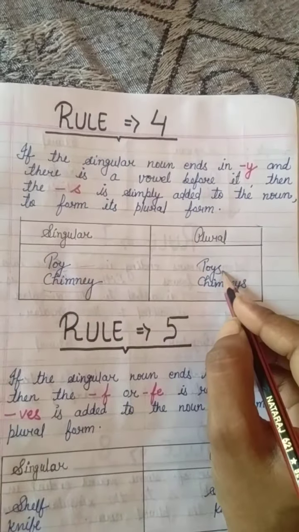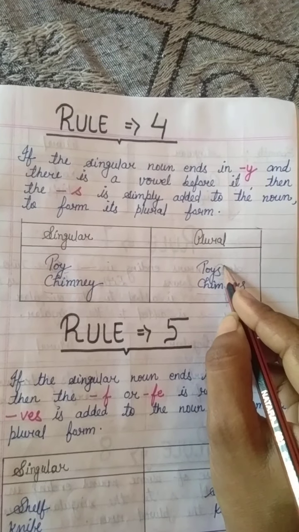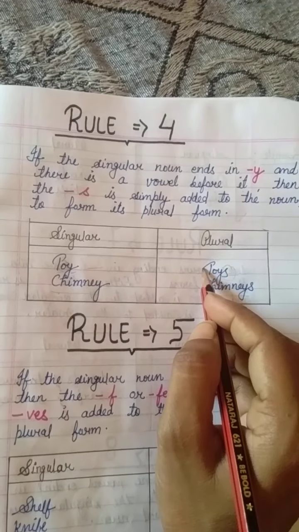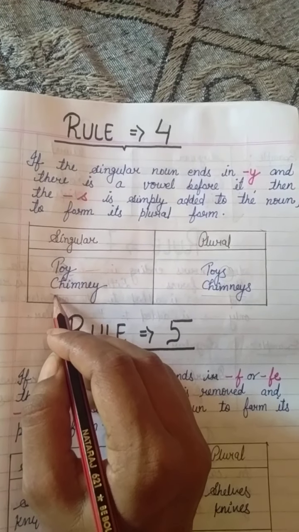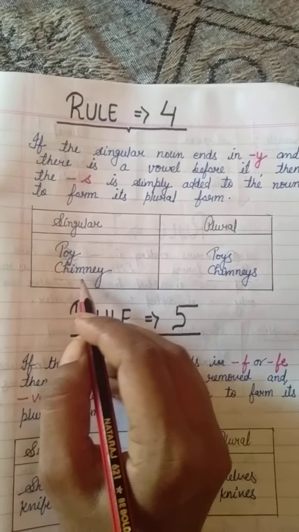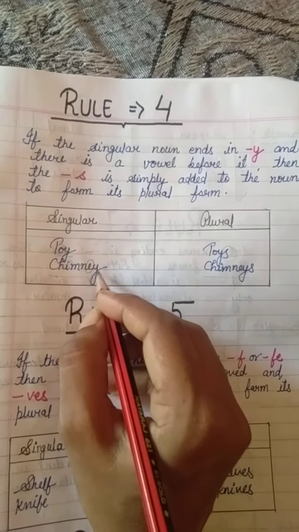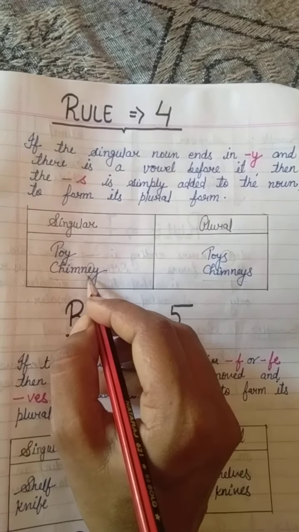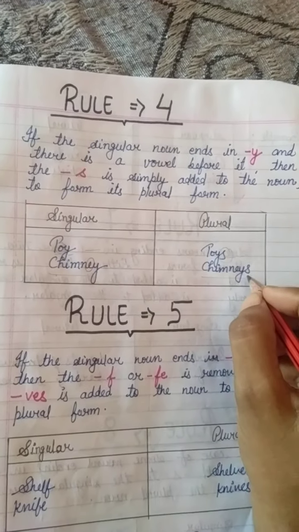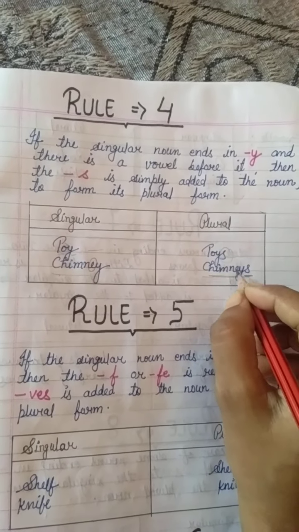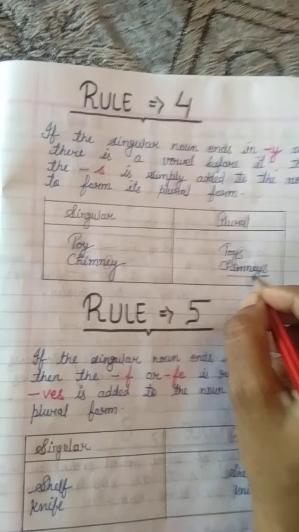So we have added s to the noun to form its plural form. Next example, chimney. Students, you can see e, a vowel, before the y. So we have added s at the end of chimney to make the plural form.